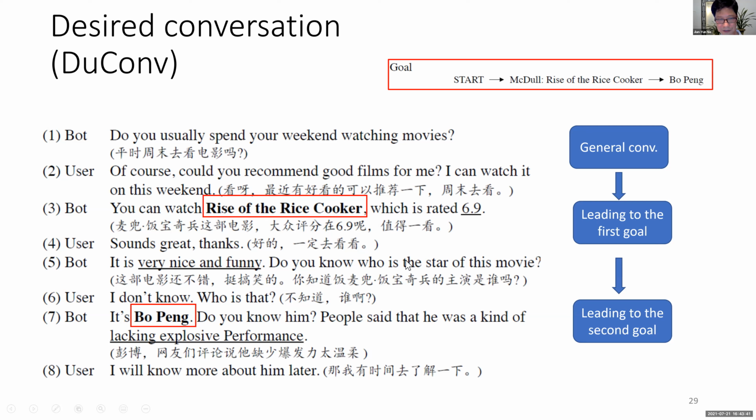And then later on, in a later turn, the second goal is reached here. So that will complete the whole process of a goal-oriented dialogue. So that's the system that we want to construct.